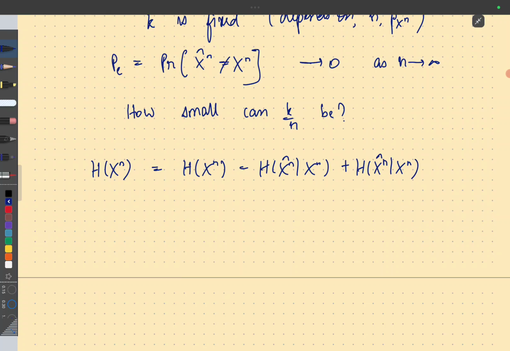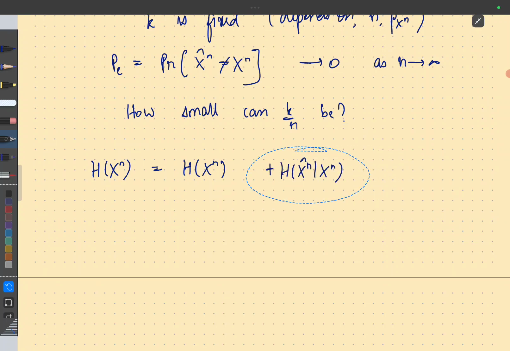In fact, I didn't even have to subtract. So what is h of xn hat given xn? It's equal to 0 because we're assuming that the encoder and decoder are deterministic functions. All right. So this is in fact equal to this.